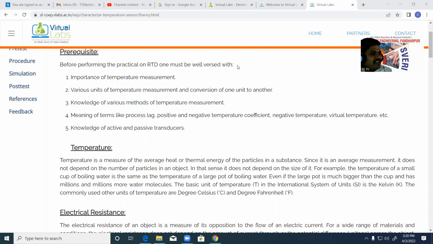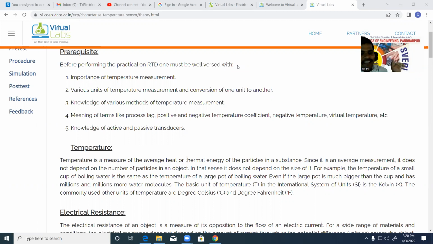In that case we know the number, but in the case of a substance we don't know the number of particles. In 1 liter of water, how many water droplets? We can't see. So it does not depend upon the number of particles.